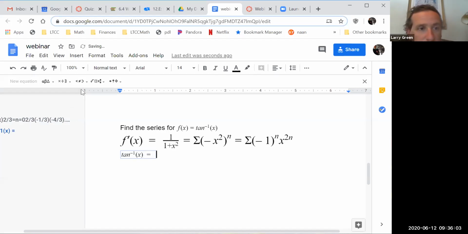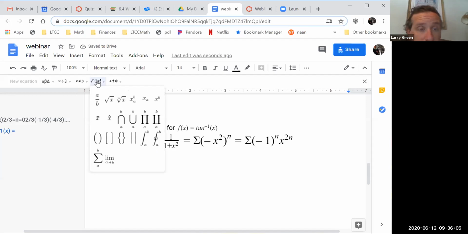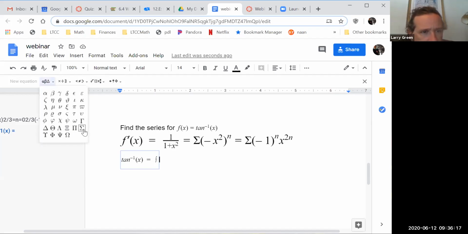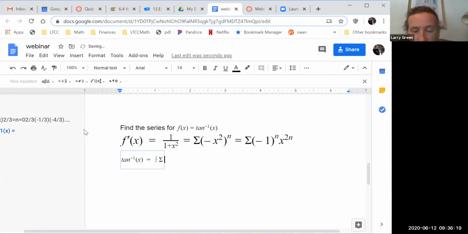is going to be equal to the integral of the summation of negative 1 to the n power times x to the 2n dx.